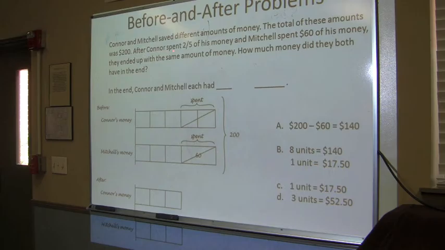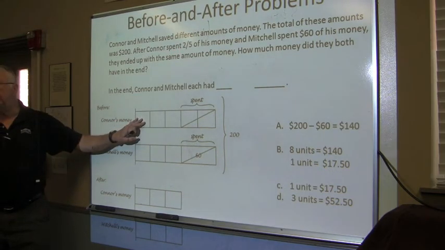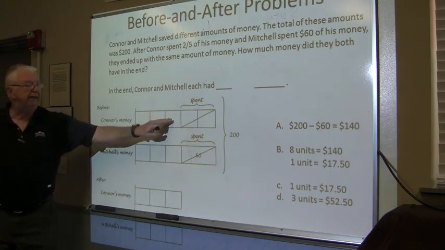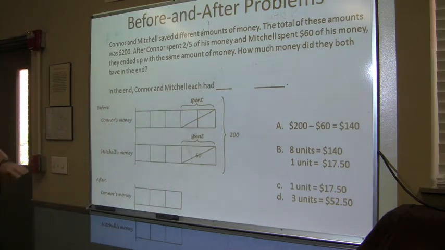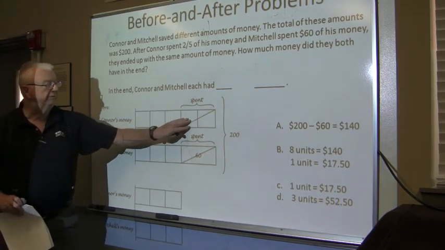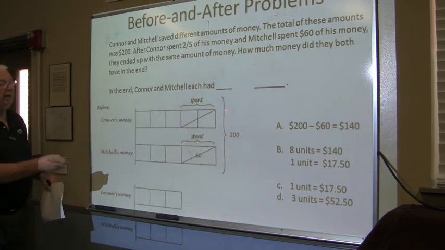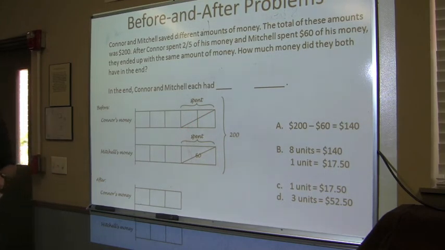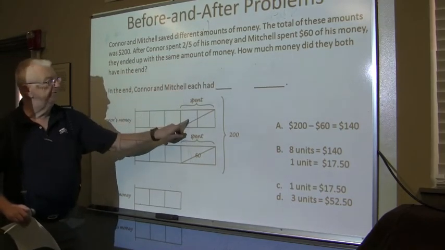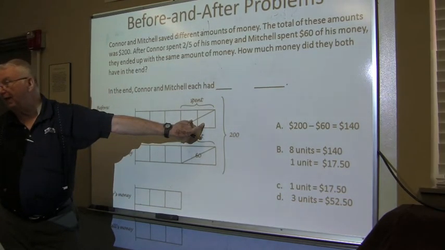Now, after Connor spent 2/5, I'm going to take Connor's bar and break it into 5 parts, and then I'm going to line out those 2 parts. Because now he spent 2/5, this is what Connor spent.